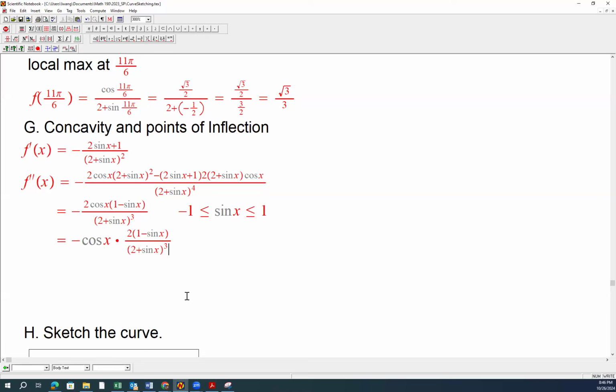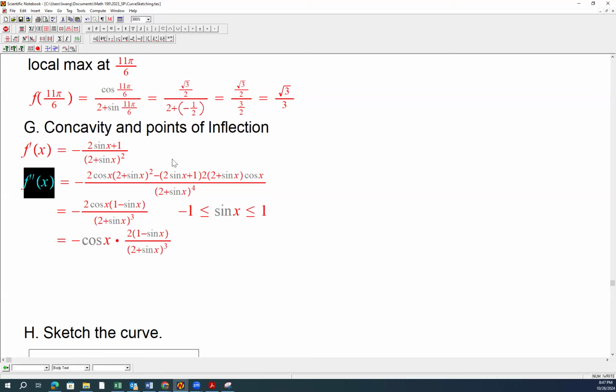I basically pull cosine x outside. So the whole thing here is positive. When cosine x is negative, the second order derivative is positive. When cosine x is positive, the second order derivative is negative. Concave down, concave up, concave down.